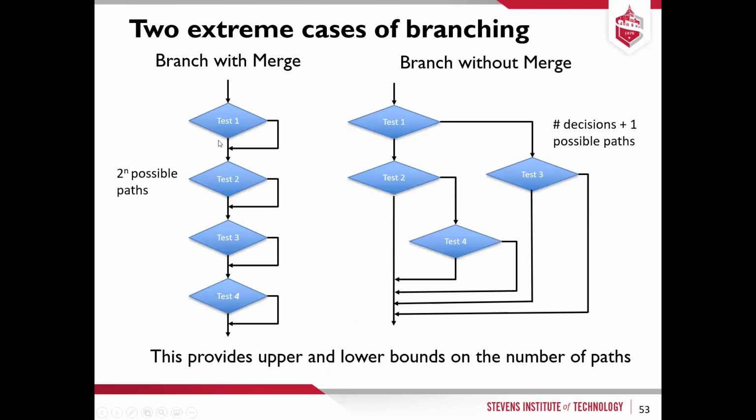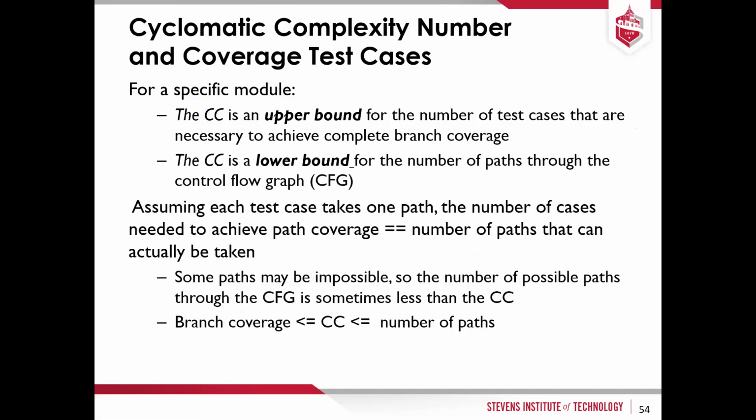So in two different extreme cases, with branches which merge, the number of possible paths here would be 2^n, where n is 4, so it would be 16. And this one would be the number of decisions plus 1. Which one is easier to cover? The one on the right has the lower number of possible paths, right? The one on the left has a higher number of possible paths.